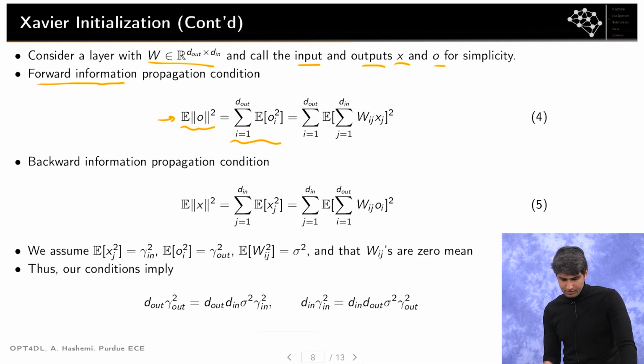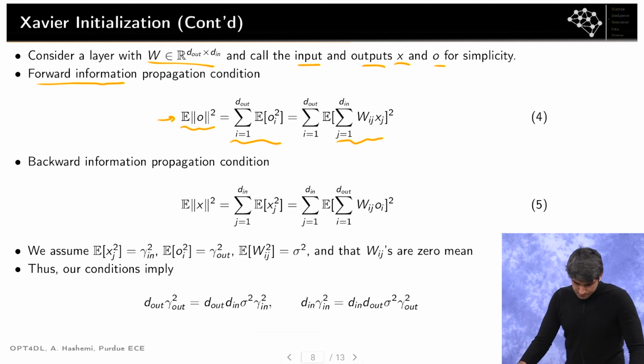This is going to be the sum of the strength of each of these o_i's squared. And what is my output? I'm again assuming that I'm in the linear regime of my activation functions and there is no bias, so each output is simply this product.